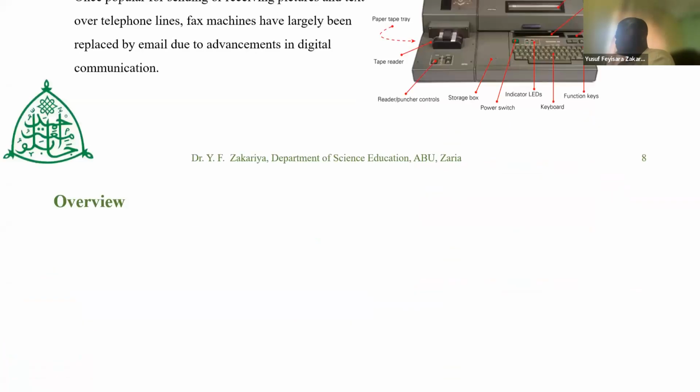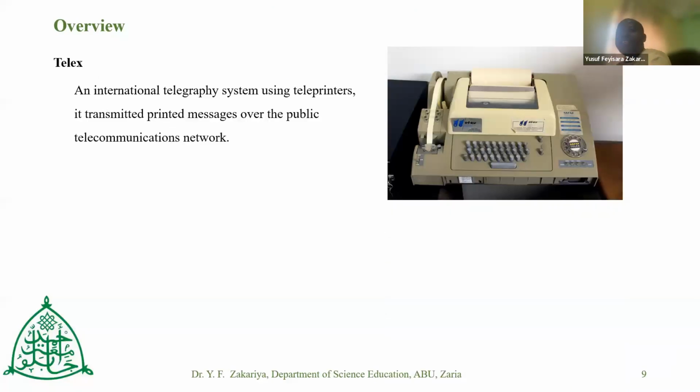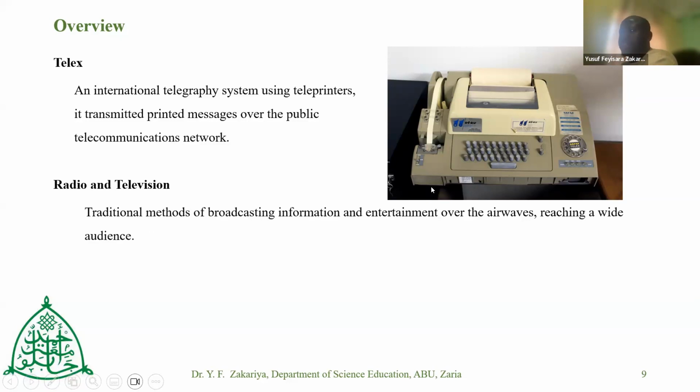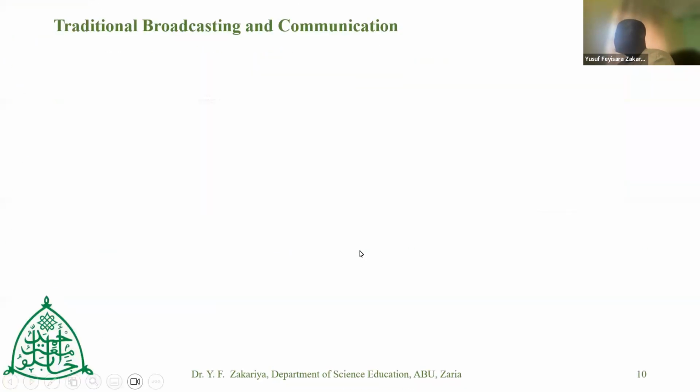Thereafter, we spoke about the telex, which is also an olden days use of technology in transmitting information from one place to another, and this is a picture of a telex. Then we mentioned television and radio, which don't need introduction, as well as the telephone that everybody has at least one or two of.